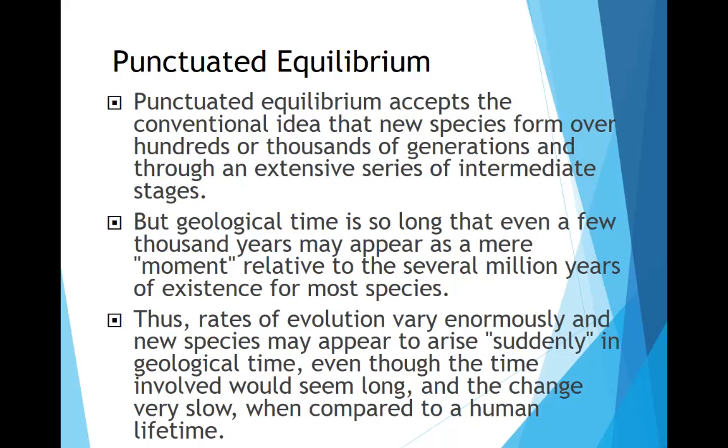Okay. So the rates of evolution vary enormously, and new species may appear suddenly in geologic terms, even though in real time it would have seemed like a very long, slow process. Think about how long the human lifespan is.